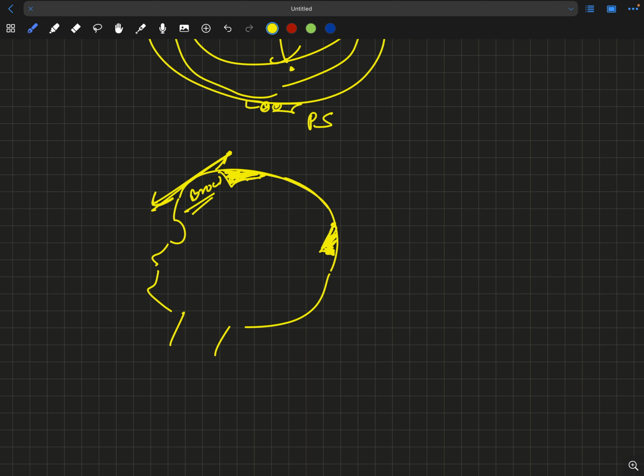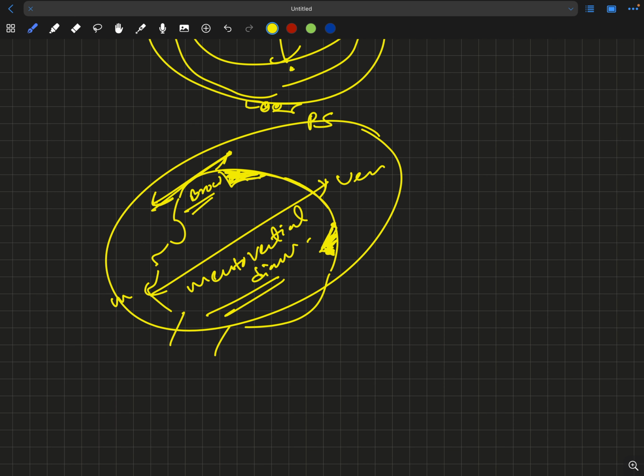For brow presentation, the diameter I set the rule that is somehow parallel to that. From mentum to vertex, this is mentovertical. So the mentovertical diameter is the anterior posterior diameter of engagement in case of brow presentation, or partially extended head.